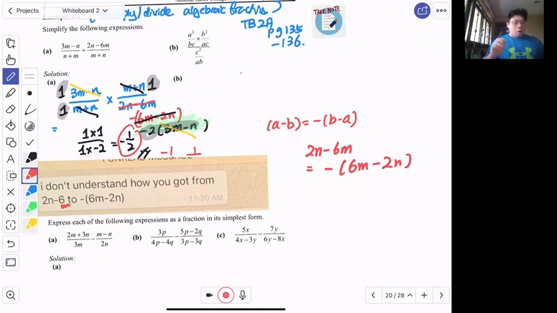Now, from this idea, just give me a sec. If you are lost for this, you can see it in book 1A, chapter 4, page 105.